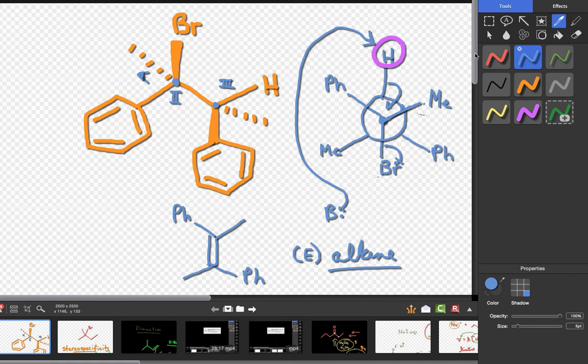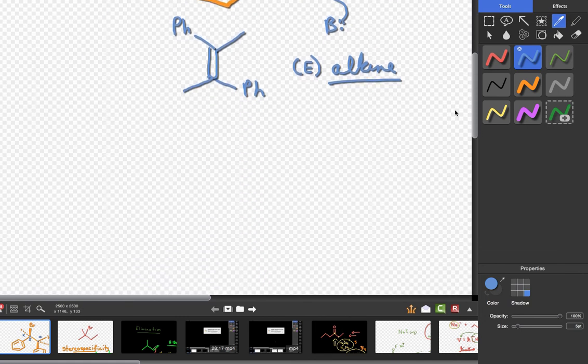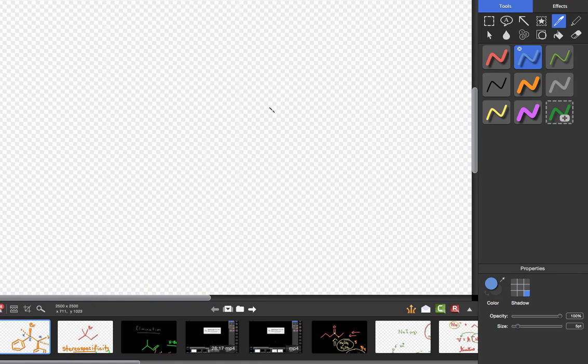So really the application that you will see in a lot of problems is when we apply this to a cyclohexane ring that's disubstituted. So let's consider these two molecules that are closely related.